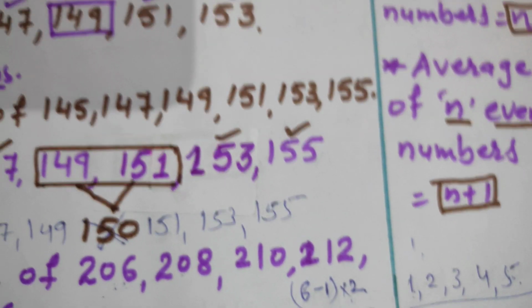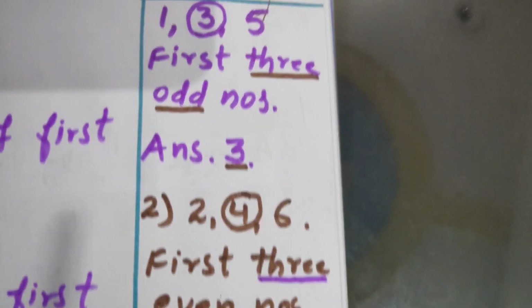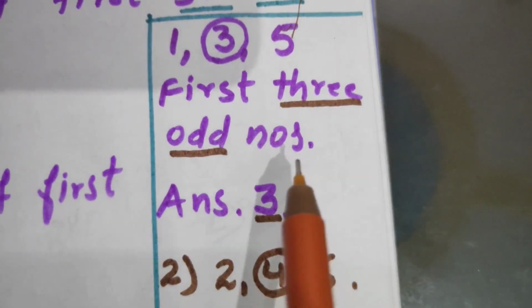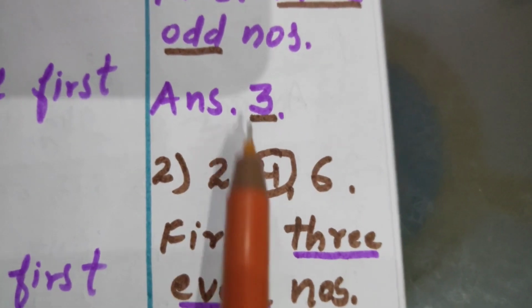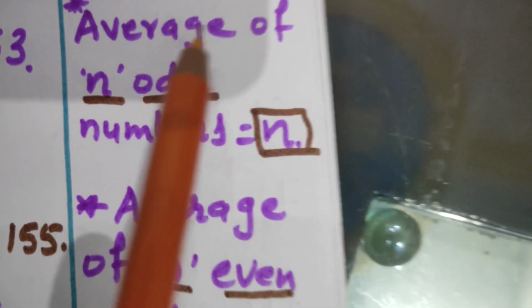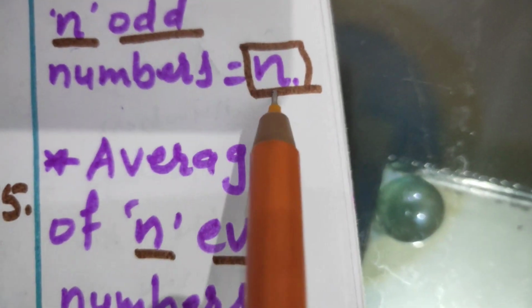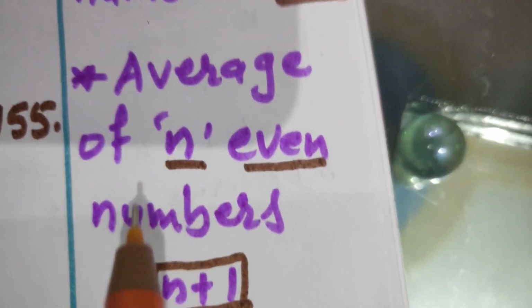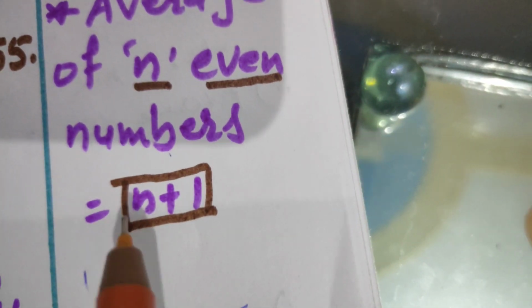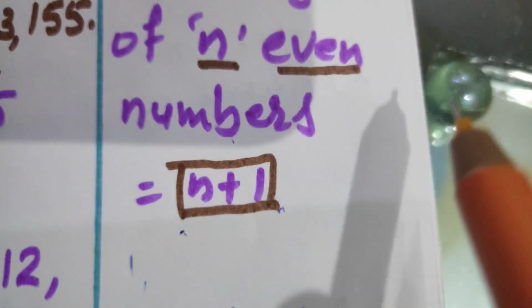What we learnt in this? Number 1, we learnt that the average of n odd numbers is always n, and the average of n even numbers is always n plus 1. Then next we learned that the difference between the smallest and largest number of consecutive numbers is the number of observations minus 1.